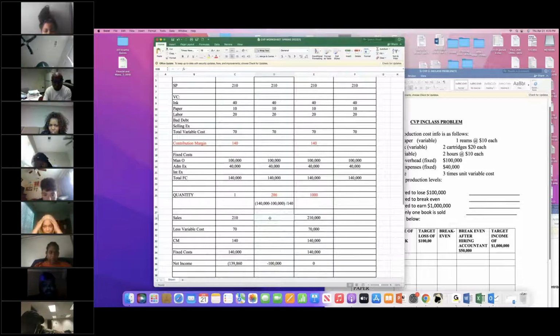And that gives us $60,060. What's our variable cost going to be? 286 times 70, which is $20,020.